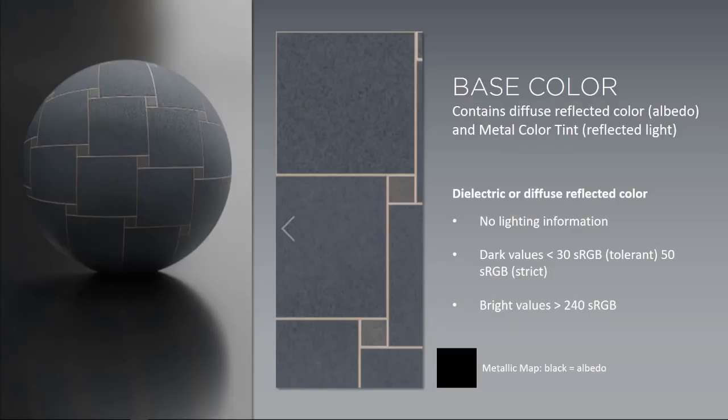So then you started to see some rust on it. With that, you're going to have some transitional values in your metallic map between black and white. So we've got metal and non-metal, but then some transitional values where you've got a mix of that corroded rust interacting with the metallic. It would just indicate that transition between the metal and non-metal.